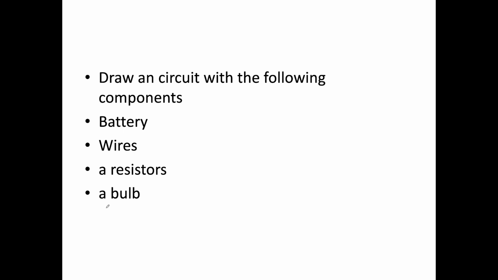Now, we're not really going to do this, but I'm going to show you what we're going to do, because I'm going to use this next year in my class. We will draw a circuit with the following components: a battery. All right, there's a battery. Connected with some wires, we have a resistor.